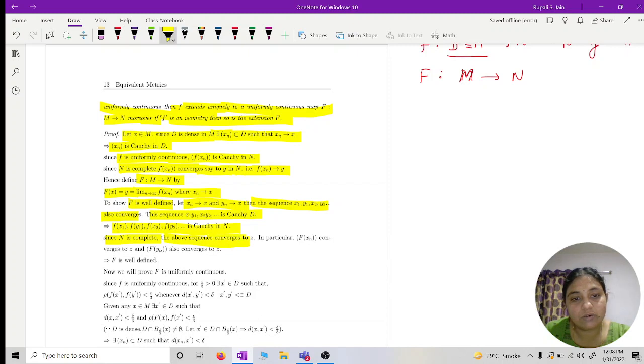This sequence will converge to some z. In particular, f of xn converges to some z, which means f of yn also converges to the same z. This implies F is well defined.